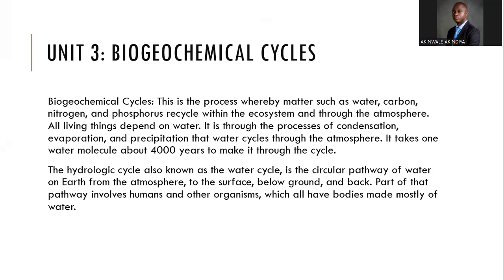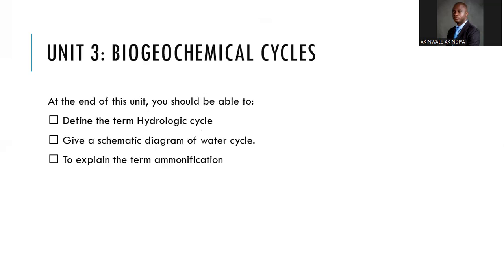The ecological cycle, also known as the water cycle, is a circular pathway of water on Earth from the atmosphere to the surface and below ground. Of course, there's water below ground, aquifers, rocks containing very pure water under the ground. Part of that pathway involves humans and other organisms, which all have bodies made mostly of water.